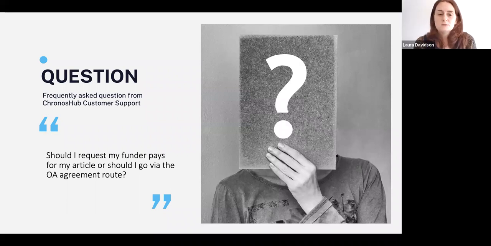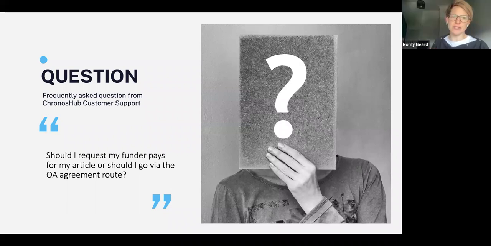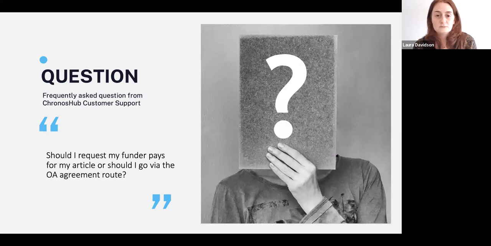Yeah, but it might also depend on the journal type. It could be that your funder will cover the journal type or not. And I suspect that if the funder will cover the journal type, such as fully open access journals, take that route. But if the funder doesn't cover that journal type, say, for example, your funder doesn't cover hybrid journals, then it would be better to go through the open access agreement route, if that journal is part of the agreement.